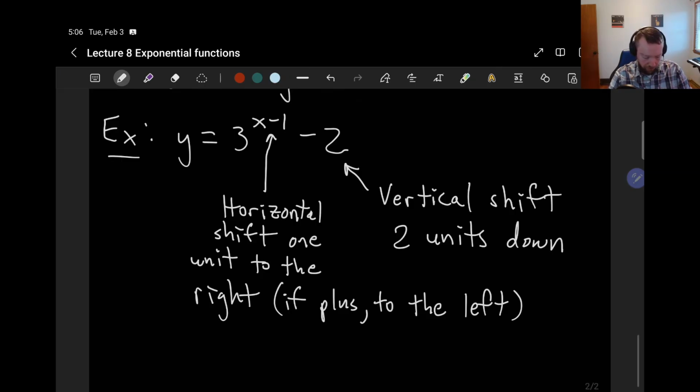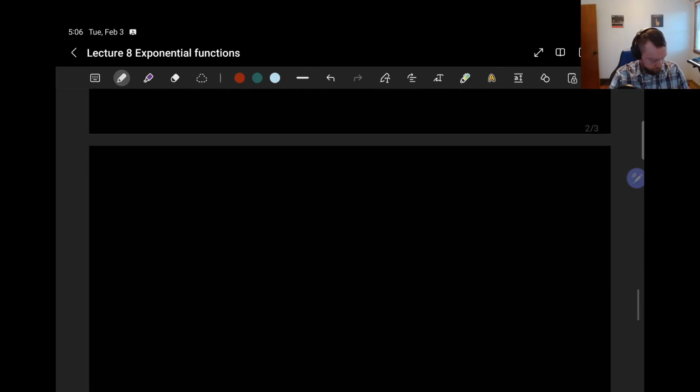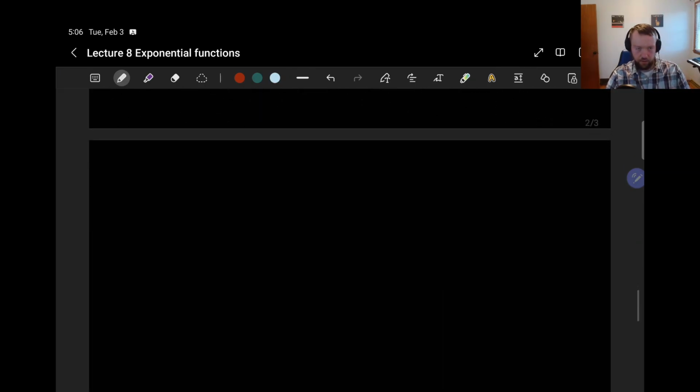All right, let's graph this thing. Instead of plotting a bunch of points, like making a big table, I would start with the basic version of the graph, namely the basic exponential function 3 to the x.